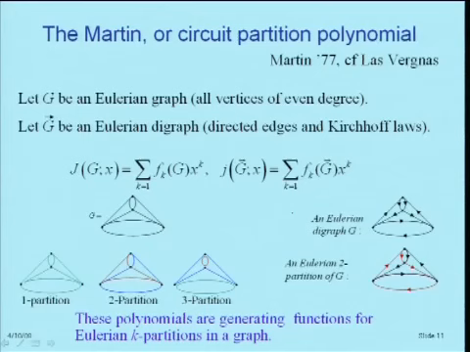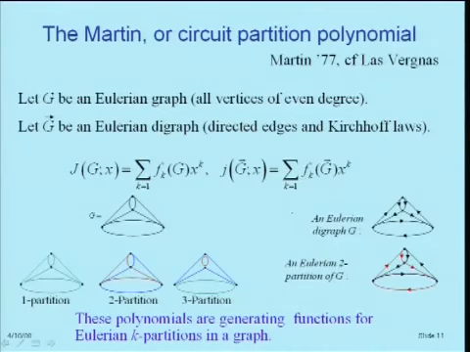And then this is the circuit partition polynomial in the unoriented case. This is in the oriented case. These are just generating functions for the Eulerian k-partitions in a graph. All right, so what's an Eulerian k-partition? A 1-partition is just an Euler circuit. A 2-partition is 2 circuits that are edge disjoint and cover the graph.